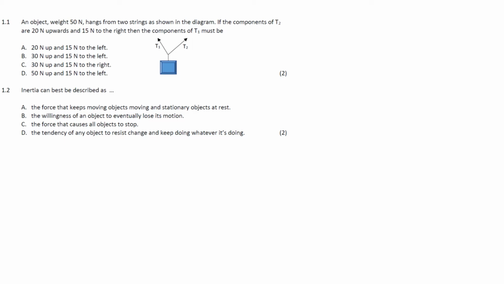Now let's look at the situation. T2 has a component of 15 newtons to the right. So T2's X component is 15 newtons and T2's Y component is 20 newtons.